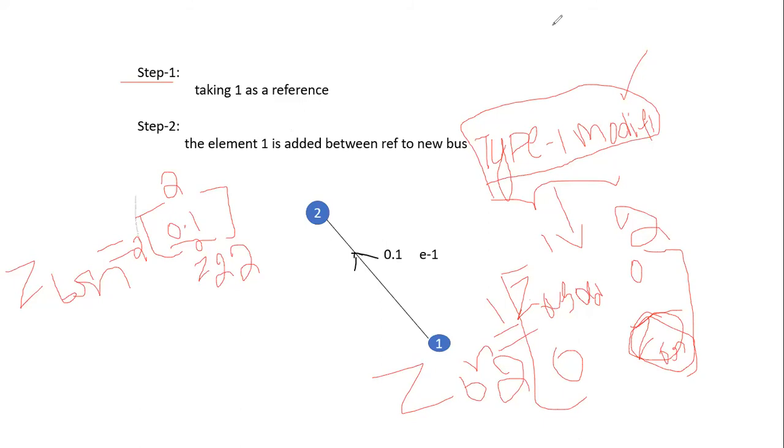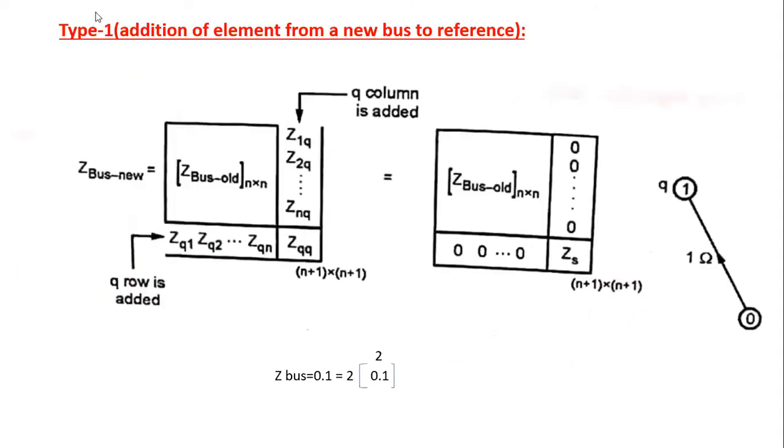Then we go to step 3. This is the type 1 modification and this is the formula. Therefore Z-bus equals 0.1, that is Z22. Z-bus old, 0, 0 and ZBR.